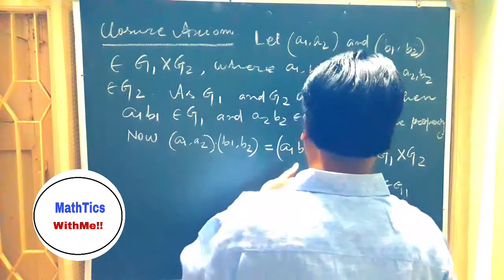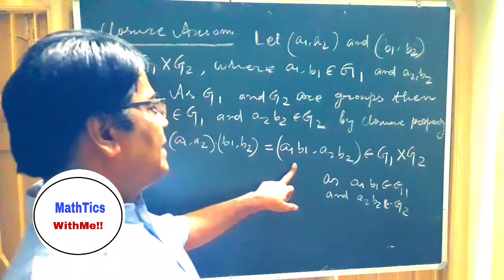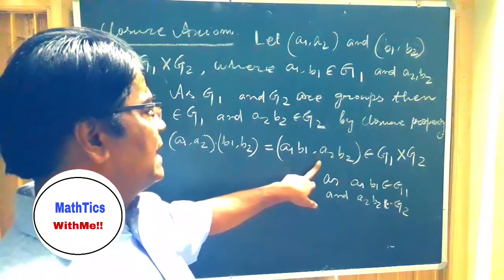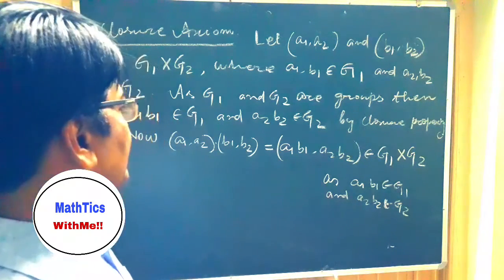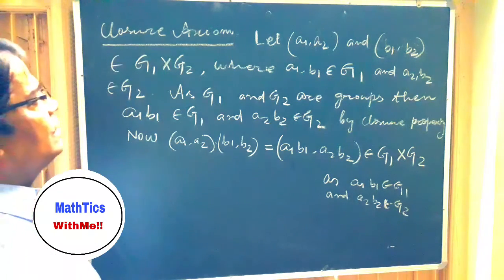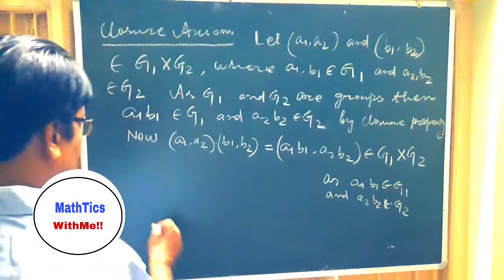The first element a1 b1 belongs to G1, the second a2 b2 belongs to G2. So the closure axiom is satisfied.